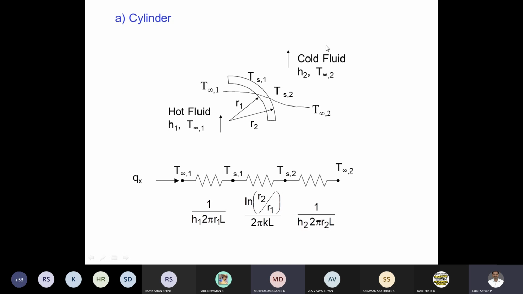The hot and cold fluids account for convective heat resistances, due to their different convective heat transfer coefficient values h1 and h2 respectively. Similarly, due to the thermal conductivity of the material, we will have conductive resistance. So larger the thermal conductivity, the resistance will be lesser, right?